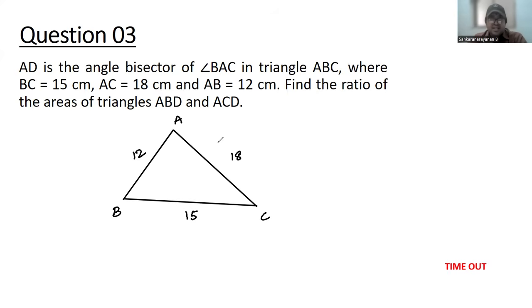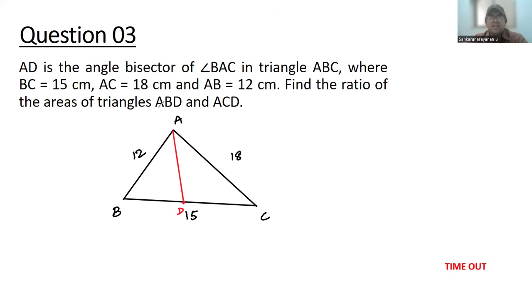It's given that AD is the angle bisector of angle BAC in the triangle. So look at this. This is that angle BAC. So angle bisector means from A, I'm going to draw a straight segment like what you see here. And please note, it's going to touch this BC at a point here, and let me represent it using the letter D. Okay, so have a look here, AD.